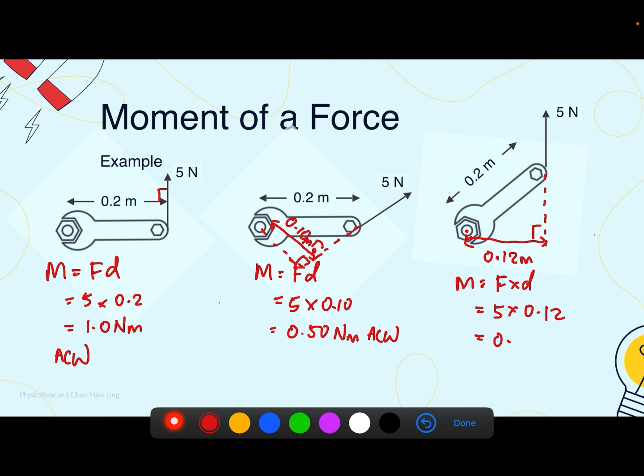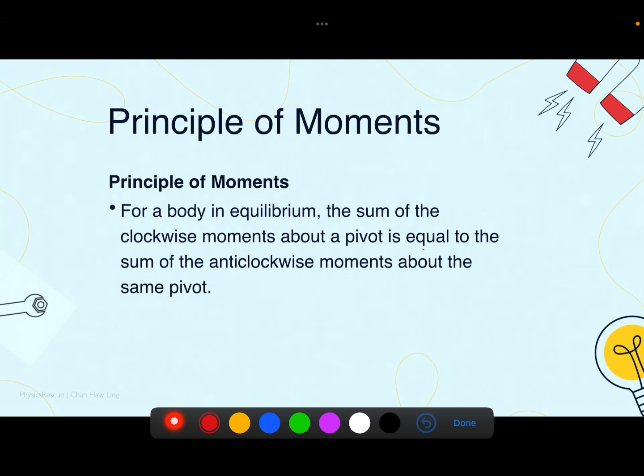The principle of moments states that for a body in equilibrium, the sum of clockwise moments about a pivot is equal to the sum of anti-clockwise moments about the same pivot.